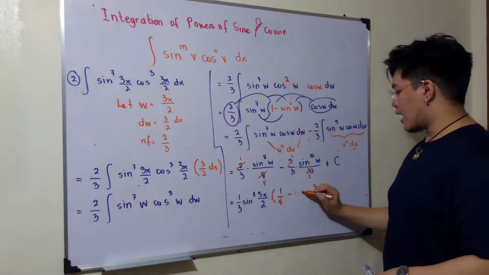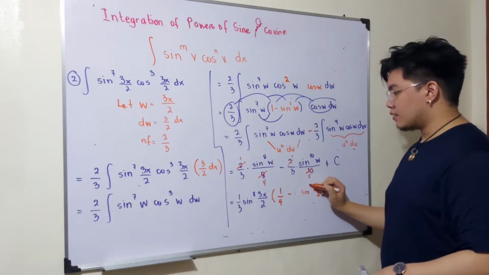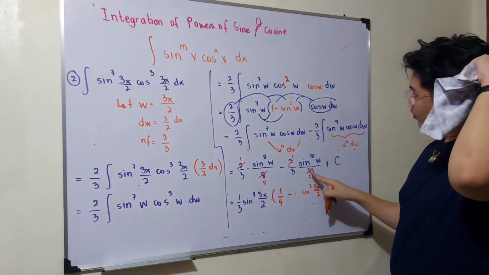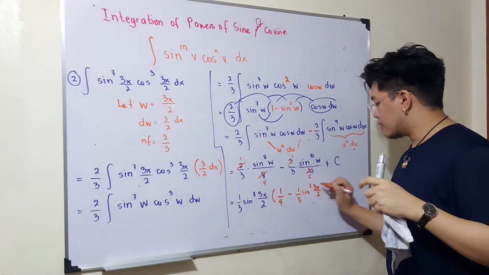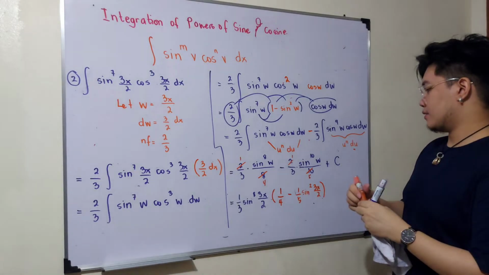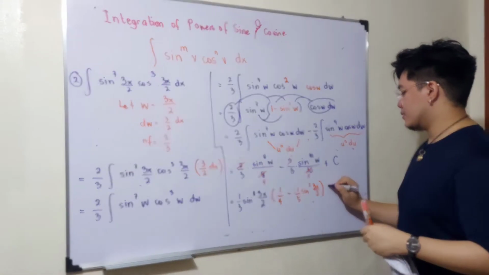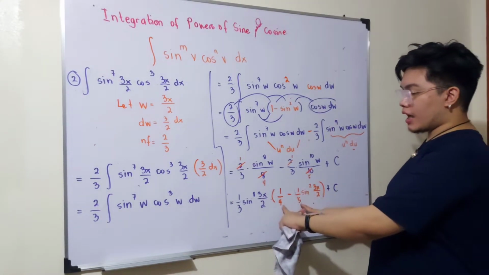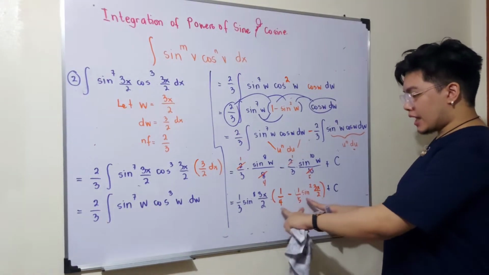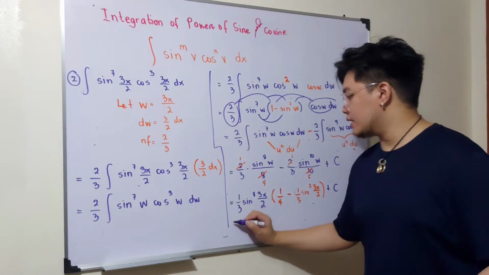Ayusin ulit natin yung pagkakasulat. Tapos, meron pa itong 1/5. So, dito natin ilagay. Ayan. Kung ayaw nyo na may fraction dito sa factor na to, so pwede natin ilabas yung 20.